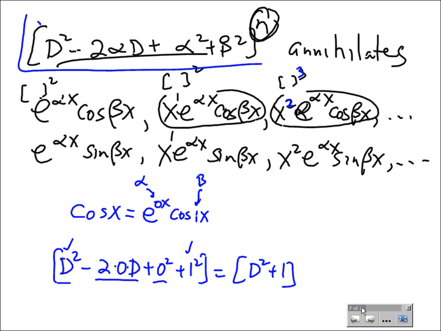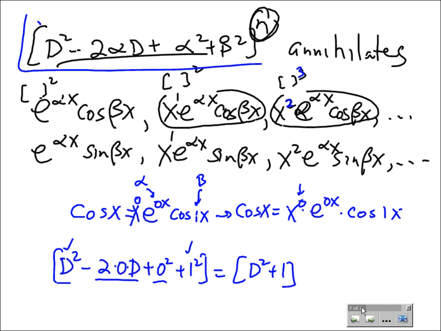Now, what power do we use? Well, you need to also understand that I can always multiply by 1, and x to the 0 is 1. So, to be crystal clear, cosine x is equal to x to the 0, which is 1, times e to the 0x, which is also 1, times cosine of 1x.